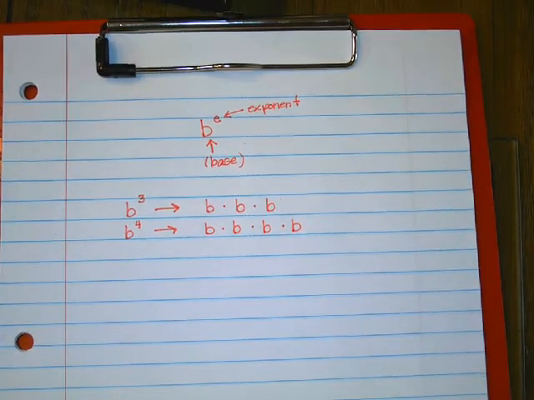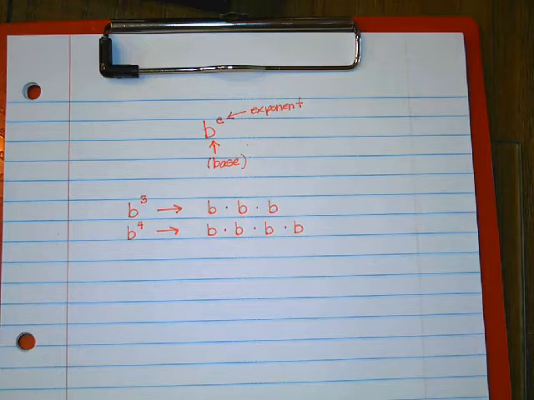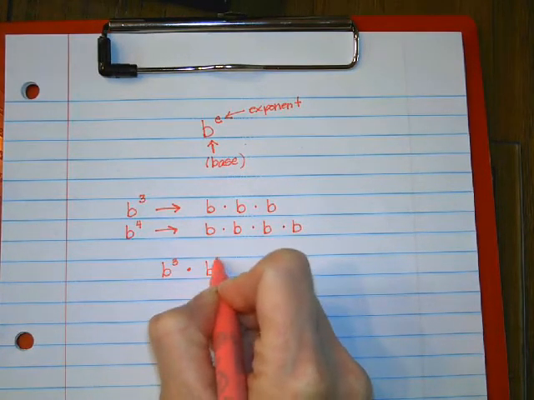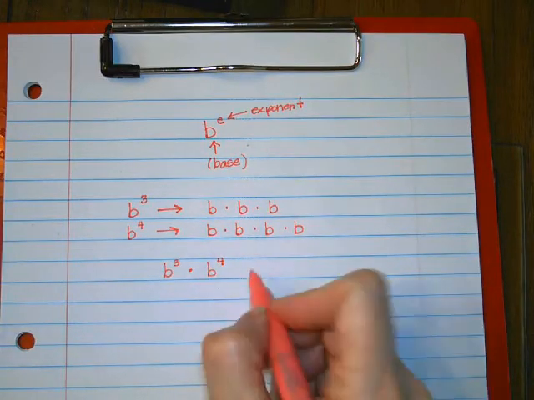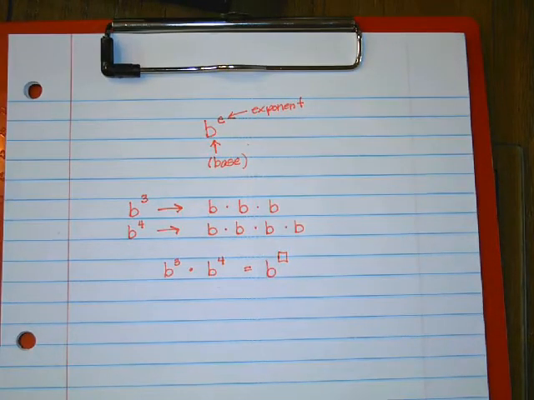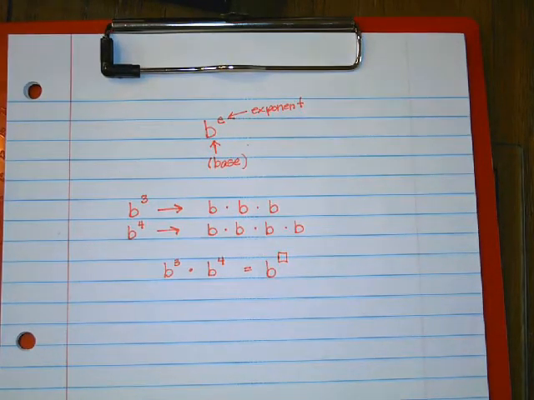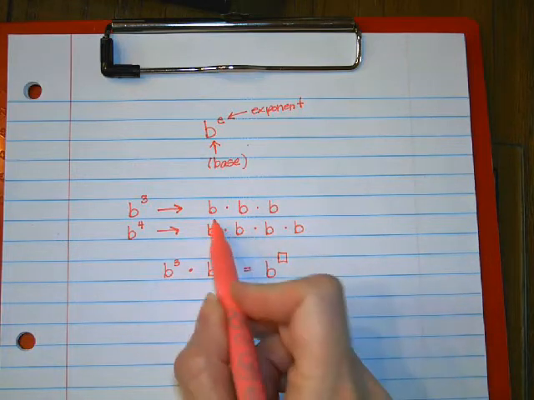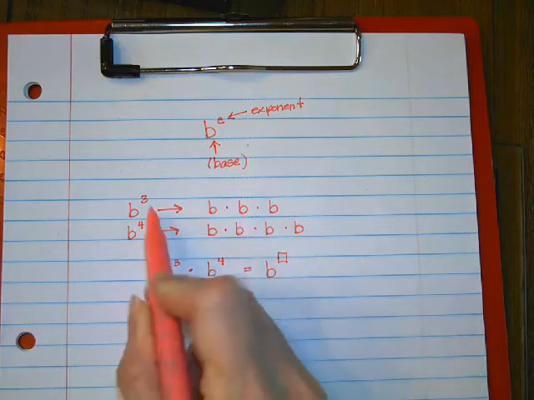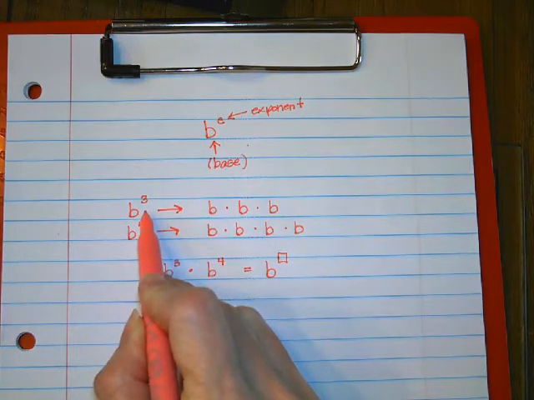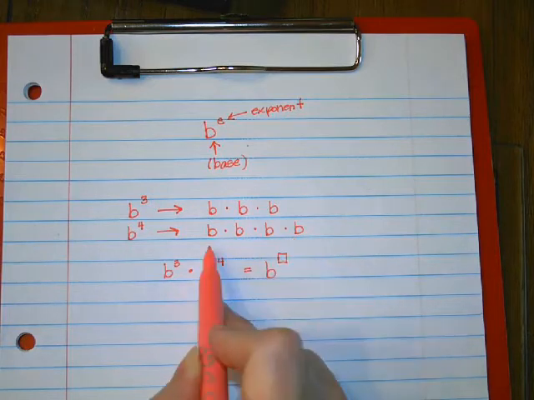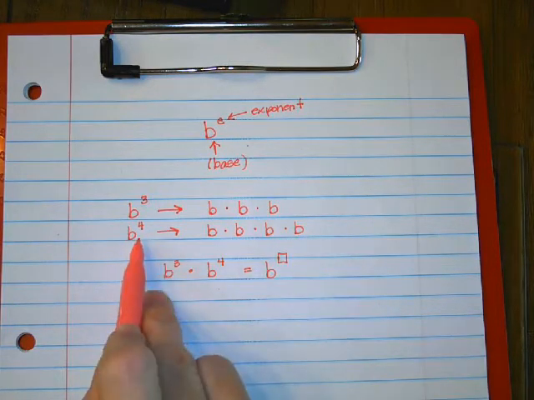Now, if I take b to the third and multiply it by b to the fourth, I want to find out in exponents, it would be b to the what power? To determine that, let's look up above. If b to the third is b times b times b, that's 1, 2, 3 b's because 3 is our exponent. And b to the fourth means b times b times b times b, which is 4 b's because my exponent is 4.